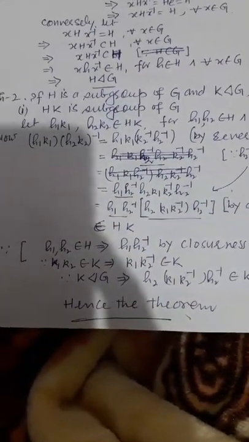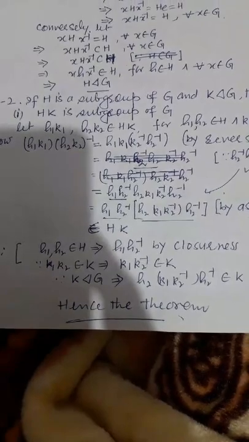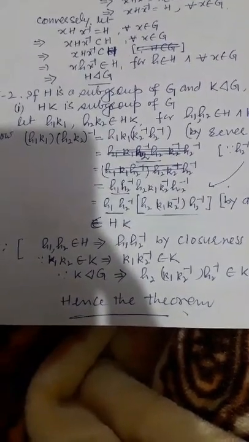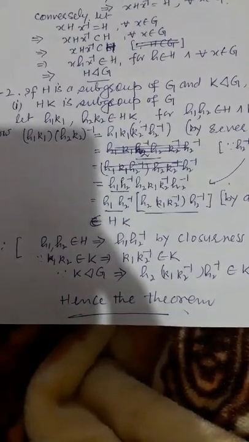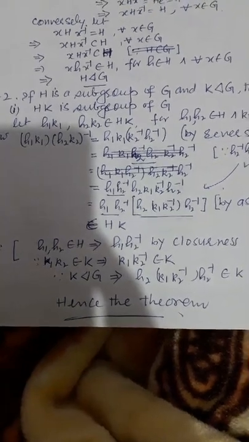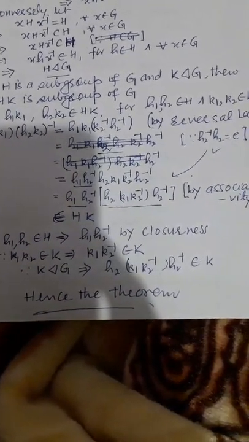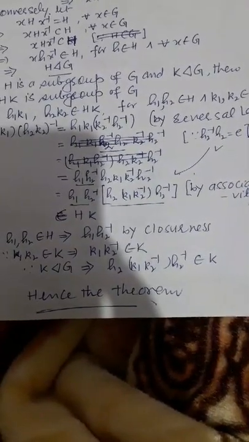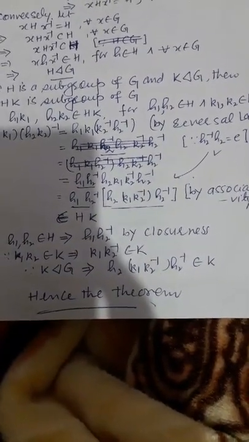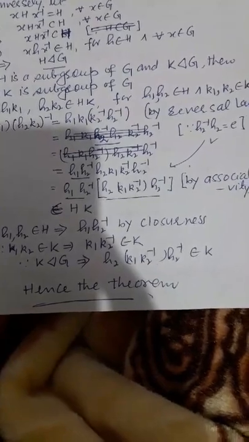Now first we show it is a subgroup using the NS condition. h1k1 (h2k2) inverse equals, using the reversal law, h1k1k2 inverse h2 inverse. Now we use a trick. It is the beauty of algebra.